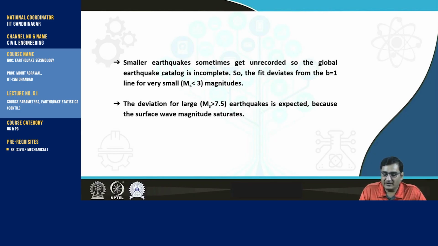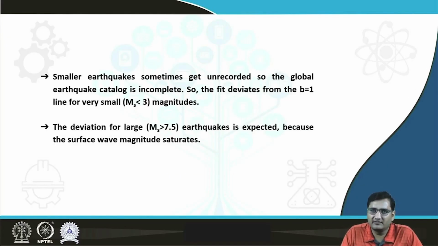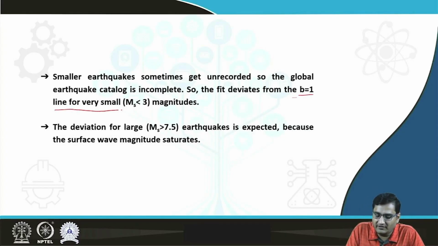Smaller earthquakes sometimes get unrecorded because of the sensitivity of the instrument, or maybe we are not interested in the smaller earthquakes. There are many reasons for it. So smaller earthquakes sometimes get unrecorded, so the global earthquake catalog is incomplete. So the fit deviates from the b equal to 1 line for very small magnitude.